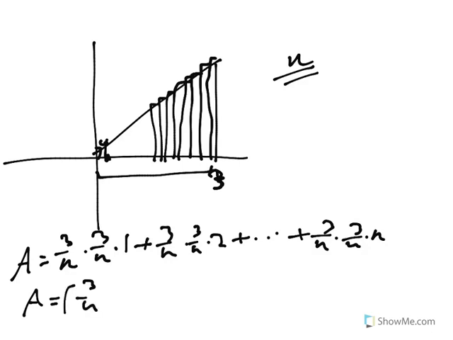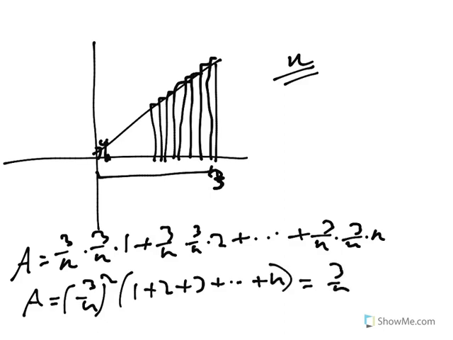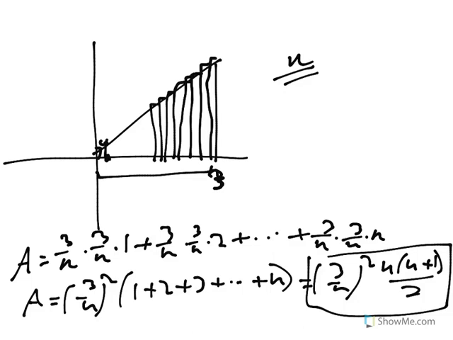So I get 3 over n squared times 1 plus 2 plus 3 plus dot dot dot up to n. But there's a formula for that. And here, this 3 over n squared times n plus 1 over 2, that works for any value of n.